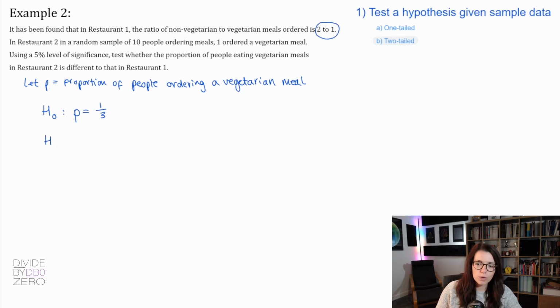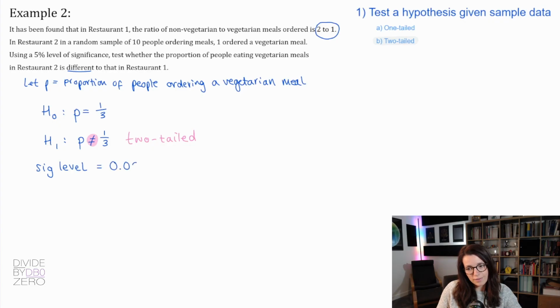Then we've got H1, and in this case, because we just want to test whether the proportion is different, that means we're testing whether P is not equal to 1/3. The fact that we've got that not equals to symbol means it's a two-tailed test, and that means you want to divide your significance level by 2. So in this case, 0.05 divided by 2 would be 0.025.